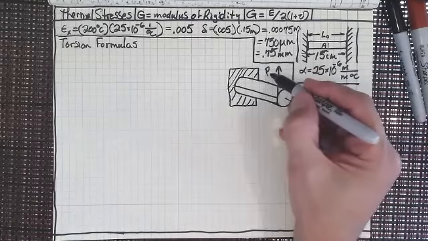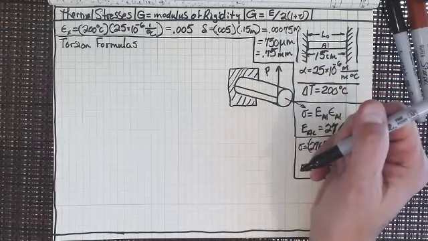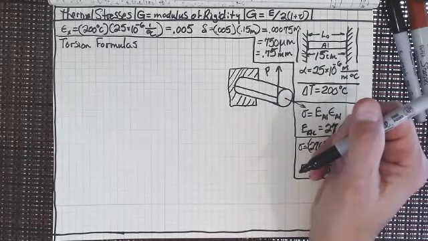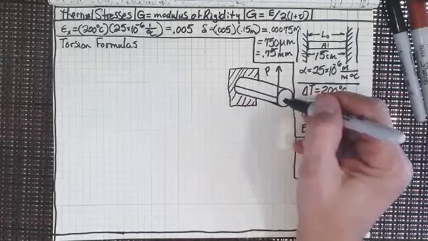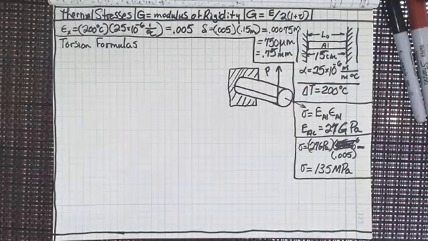Before we ever apply load P, I've drawn a line on the side. Now, what does that line look like after I have twisted this?